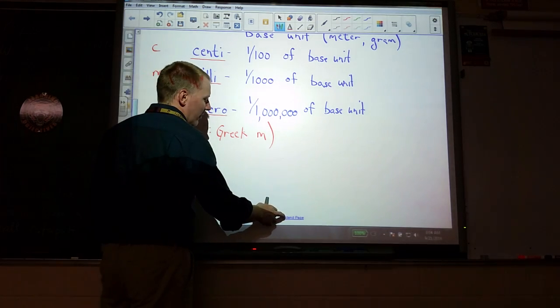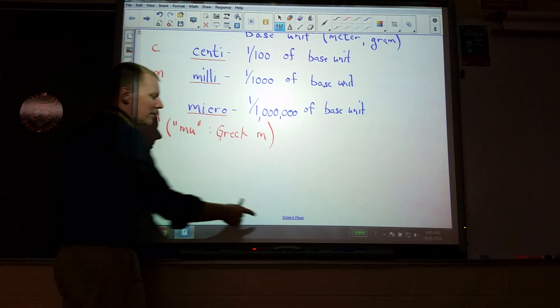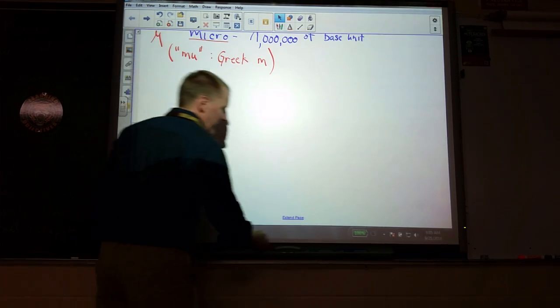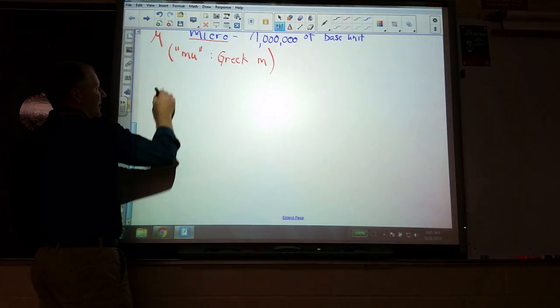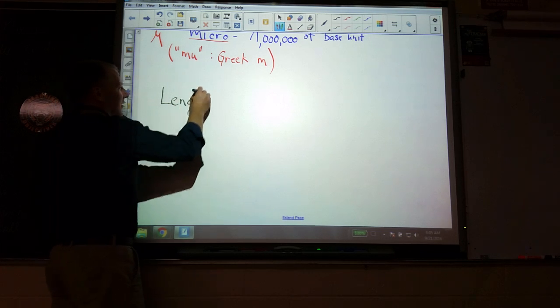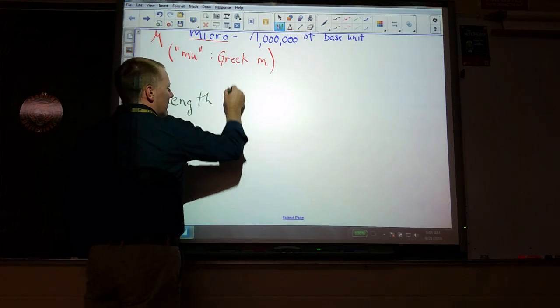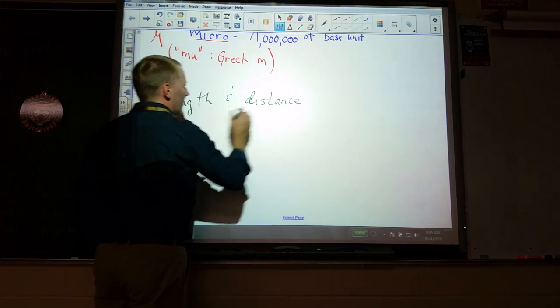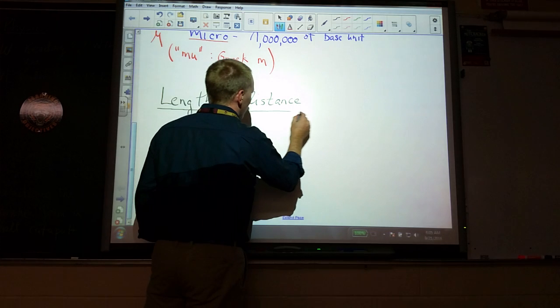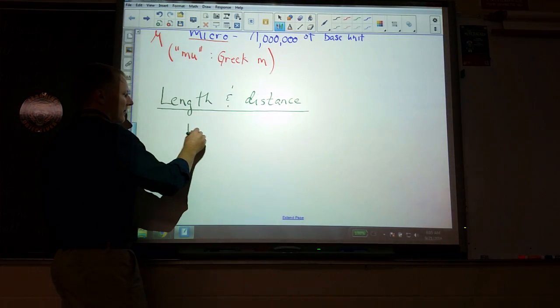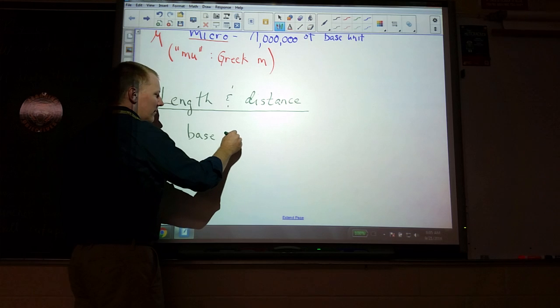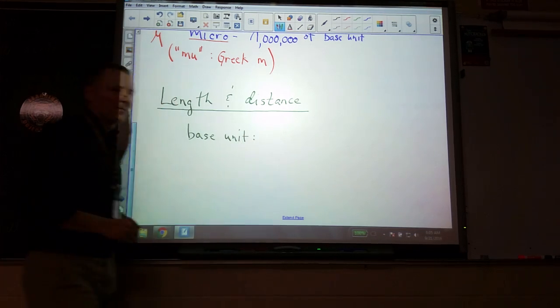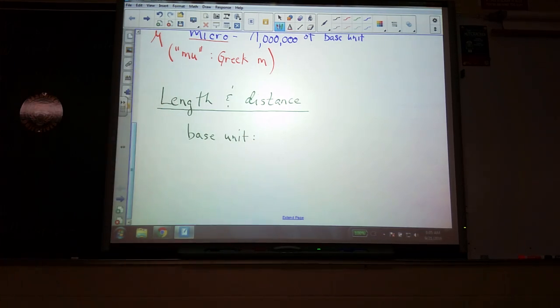Let's talk about the one that you're probably most familiar using the metric system with, length. Length and distance. What's our base unit in the metric system for length?